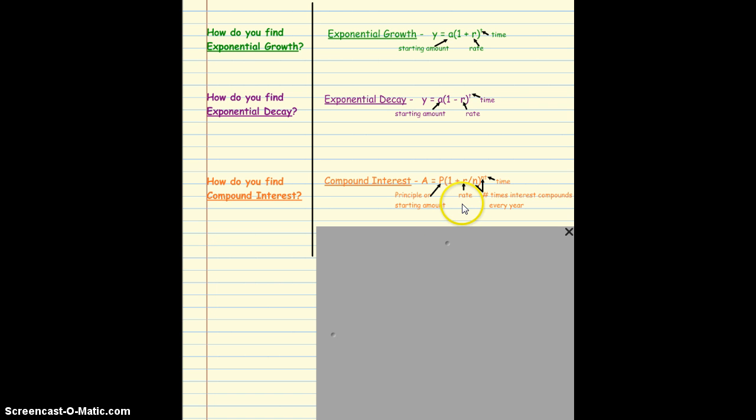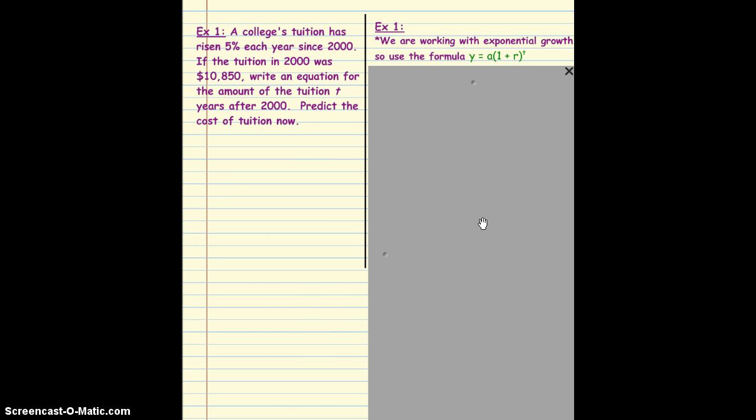R again is your rate, t again is your time, but the n is the number of times that the interest compounds every year. So if it says it compounds monthly, that number is going to be 12. If it says it compounds weekly, that number is going to be 52. Okay, compound interest. All right, let's do some problems.